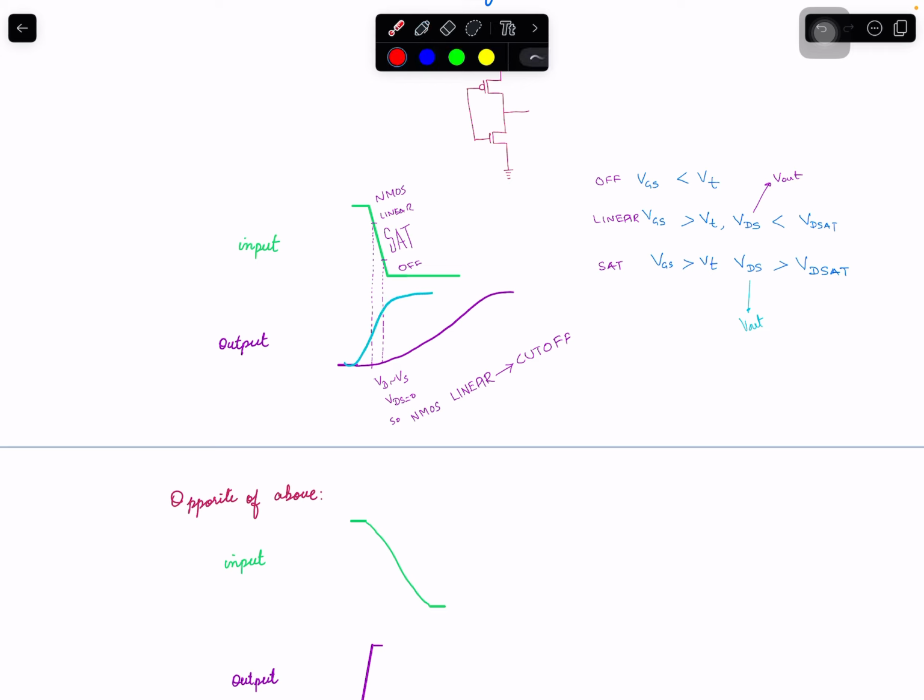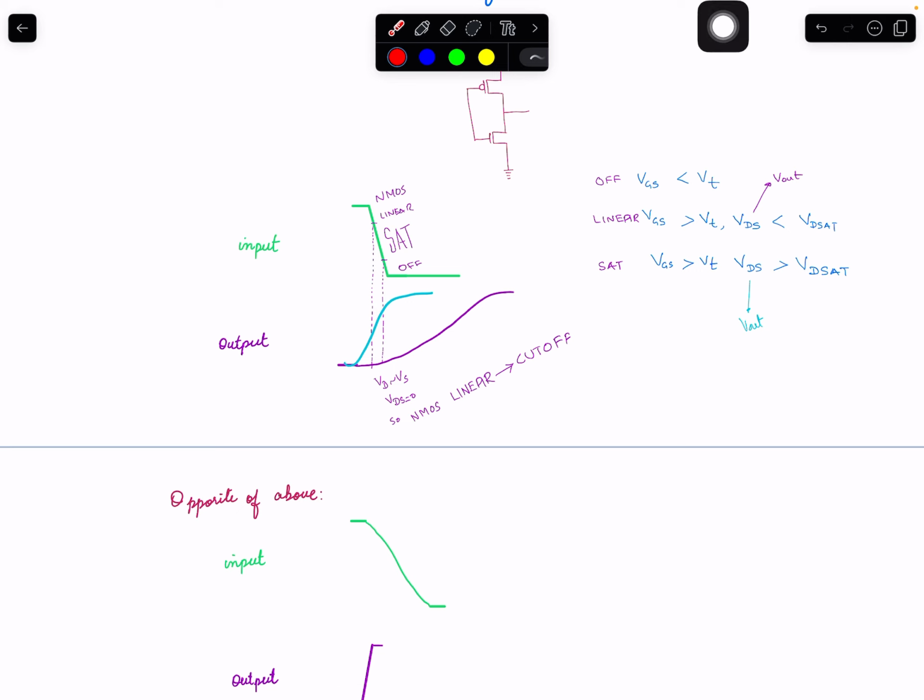If you look at the output, VGS is still higher than VT, but since the output voltage changes, drain to source is already greater than VDSAT, so it quickly goes into saturation.